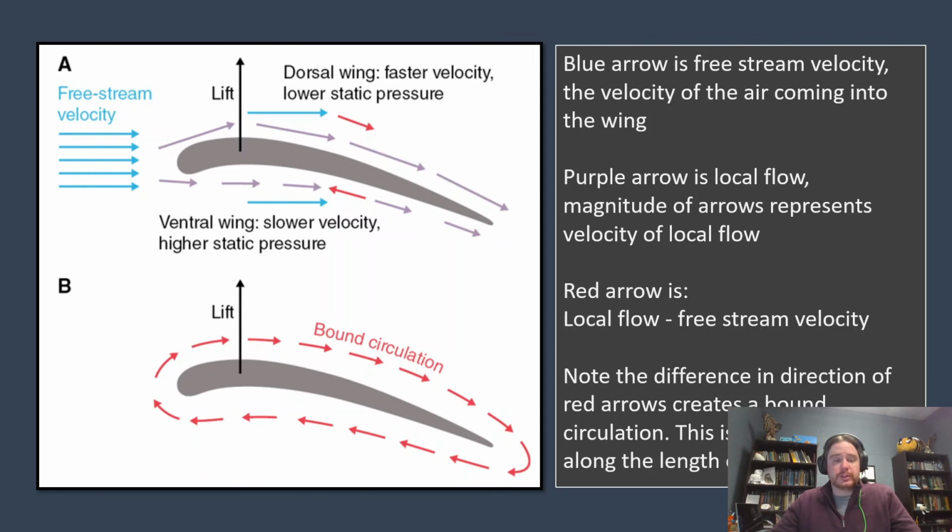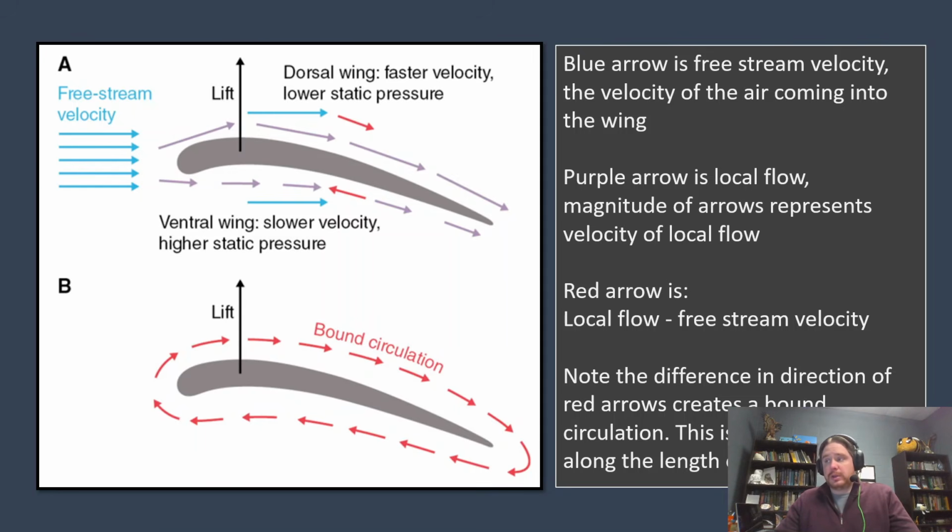That's why this red arrow is facing the other direction. Every other arrow on here is facing to the right of the image because all the air is flowing in that direction. But when you take the net velocity here, you've lost velocity, and net flow is actually in the other direction.